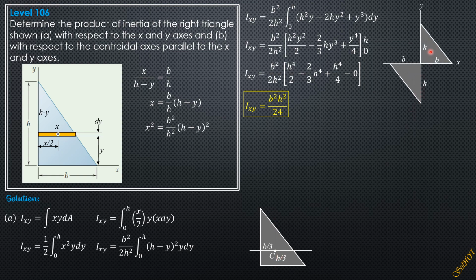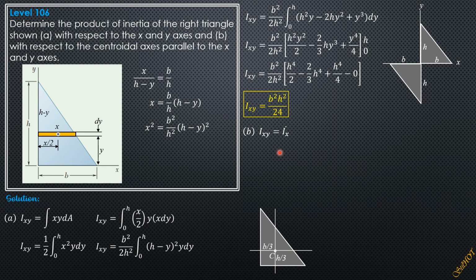So same for this orientation of the triangle, product of inertia Ixy would be b squared h squared over 24, for this orientation like this one in the first and in the third quadrant. In the third quadrant, both barred x and barred y would be negative, so the product would be positive.